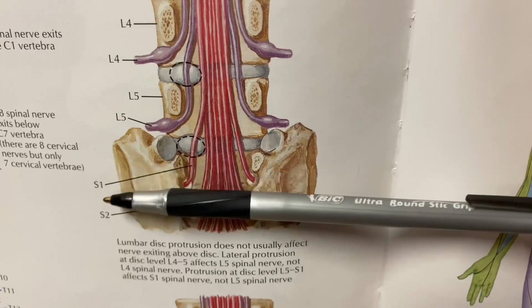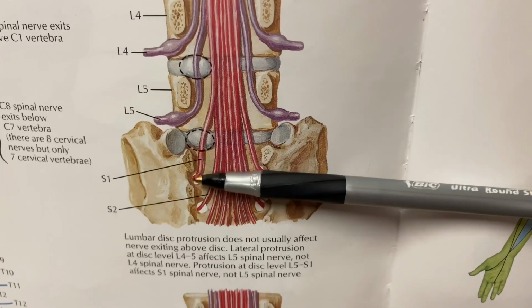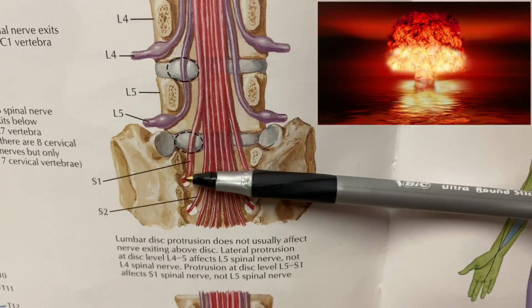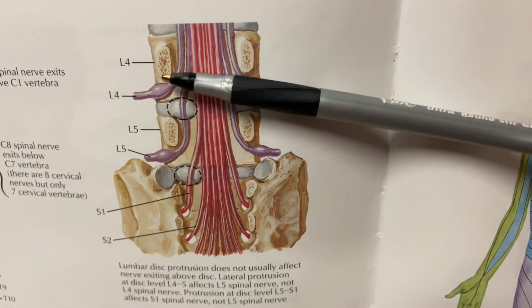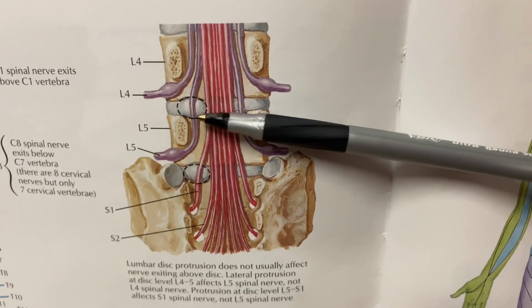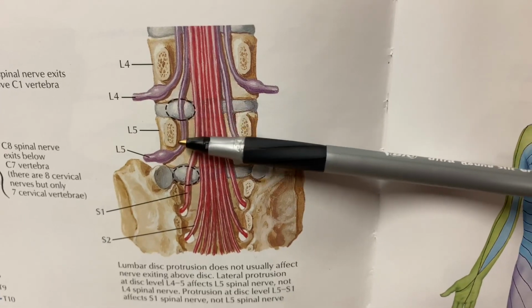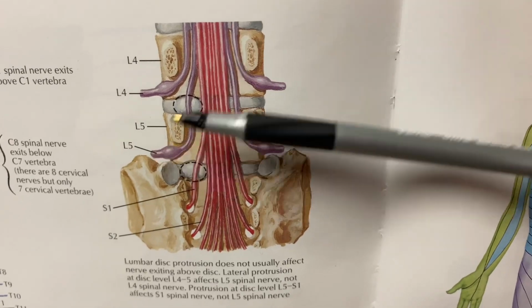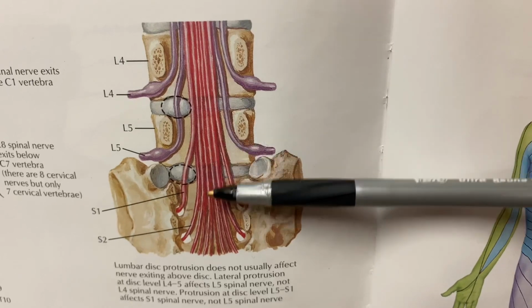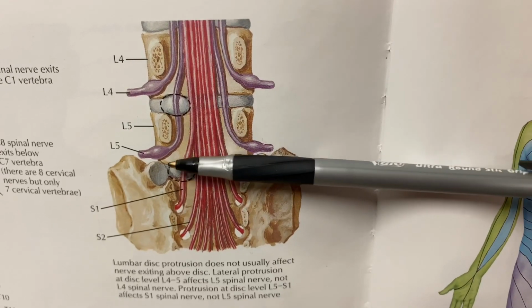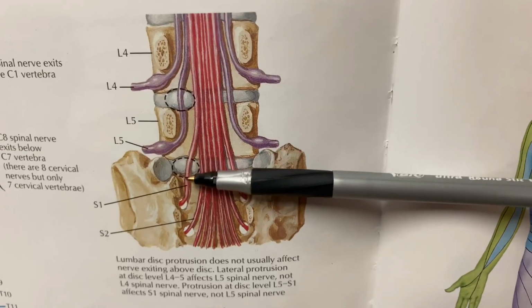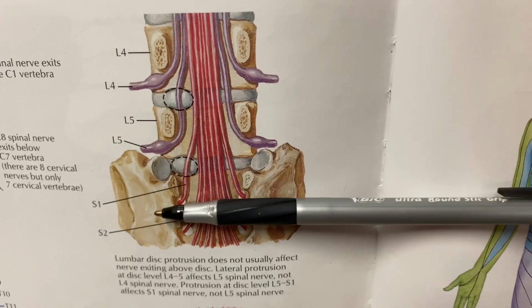Here's S1 right there. So the L4, L5 disc, in the majority of cases, affects the L5 spinal nerve, and the L5S1 disc affects the S1 nerve root.